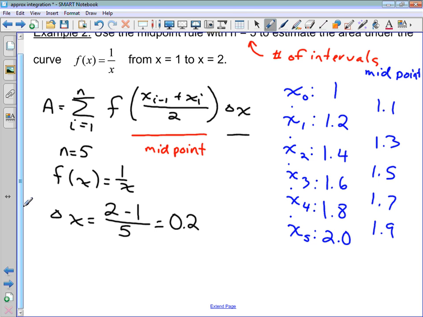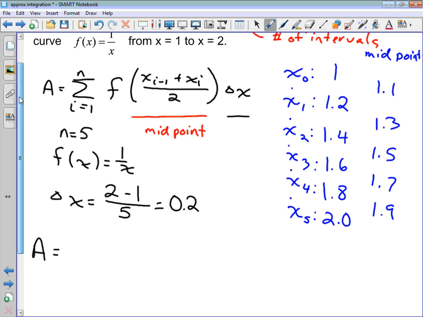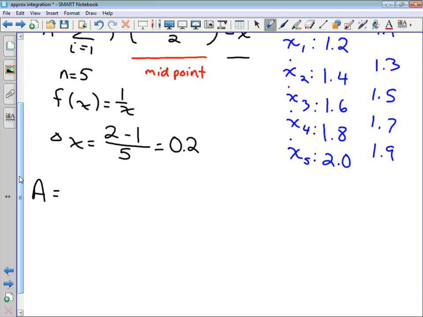So I can take this sum, my area expression here, and write out what it is. My first term is going to be f at my first midpoint, so f at 1.1 times my width here, 0.2.